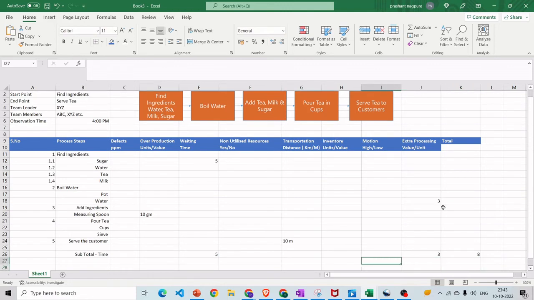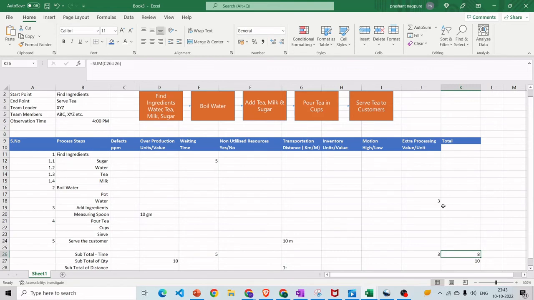Okay, subtotal of time. Now subtotal of quantity, let's say this was 10, and subtotal of distance, and let's say this was again 10. So in total I traveled 10 meters.